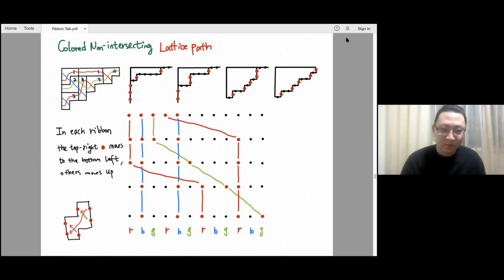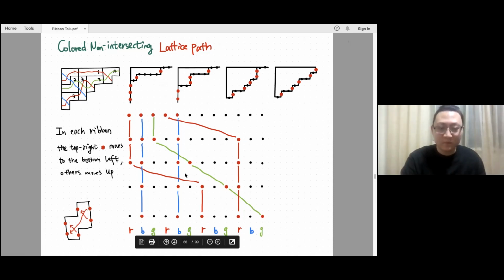So using this rule, we get the path picture on the ribbon tableau that is given here. And as you can see, these paths are exactly the same as the lattice path picture.